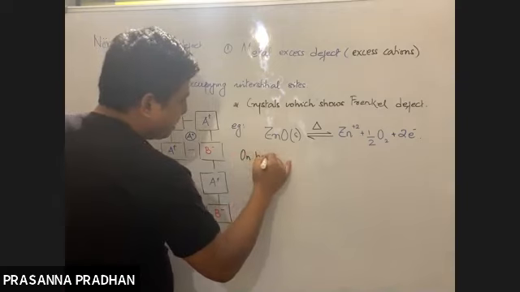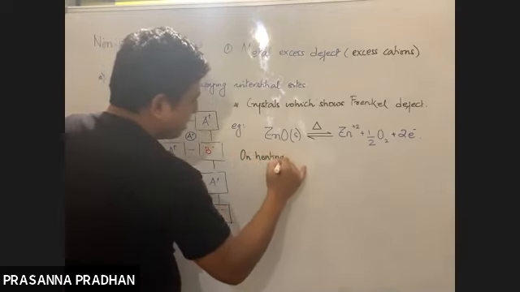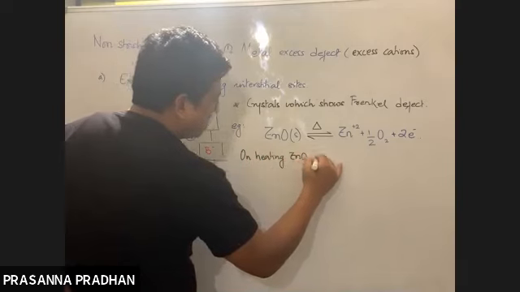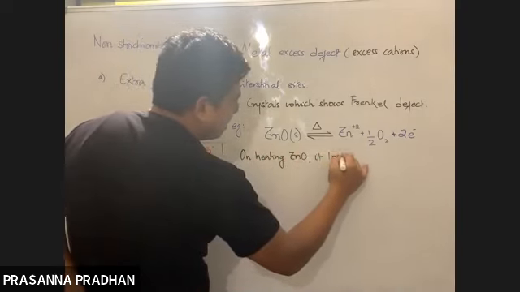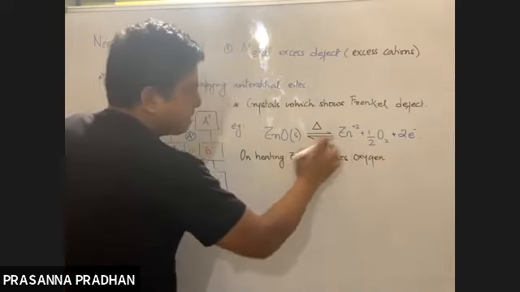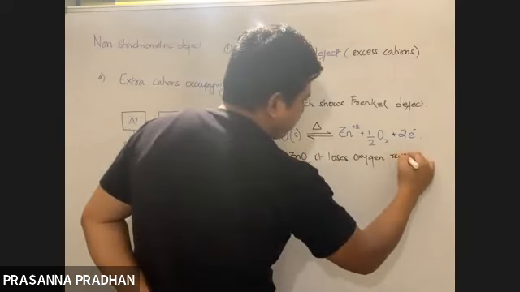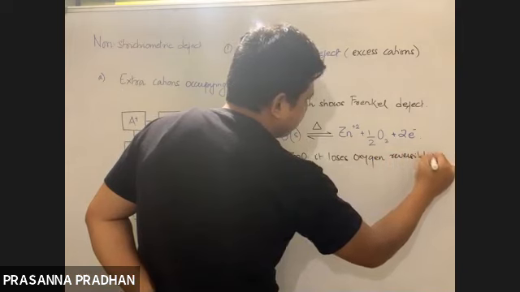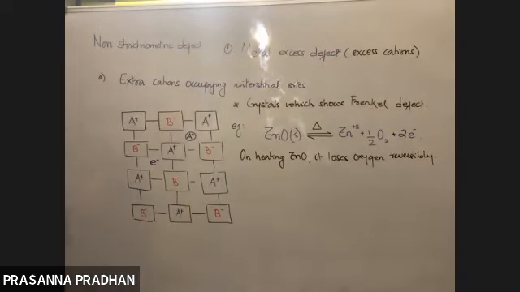On heating, zinc oxide loses oxygen reversibly. Okay, then just write down the zinc ions formed.